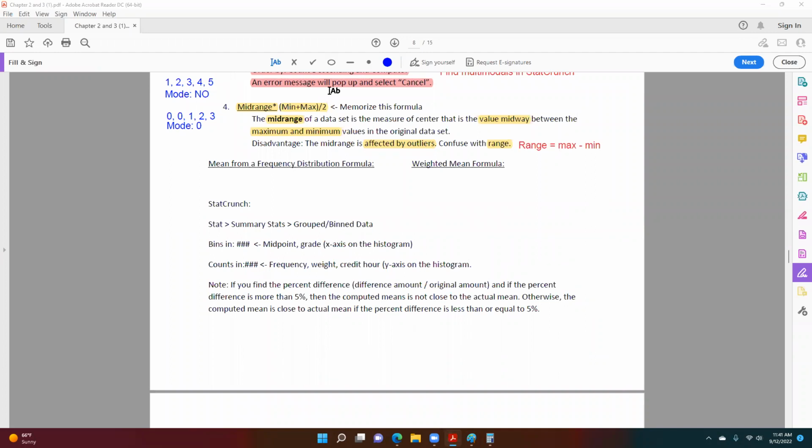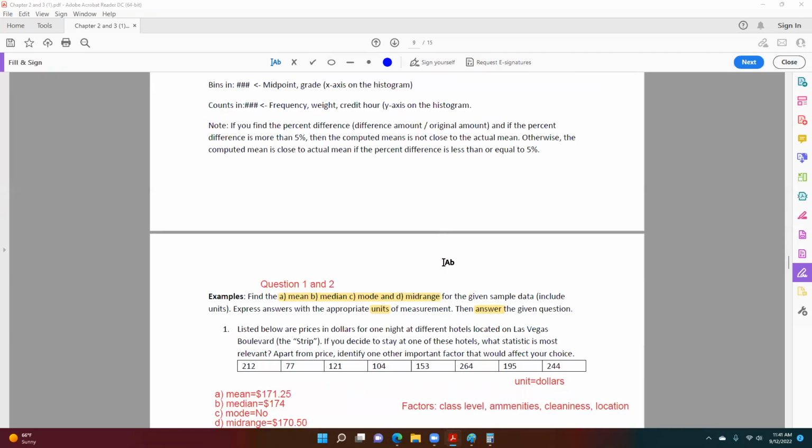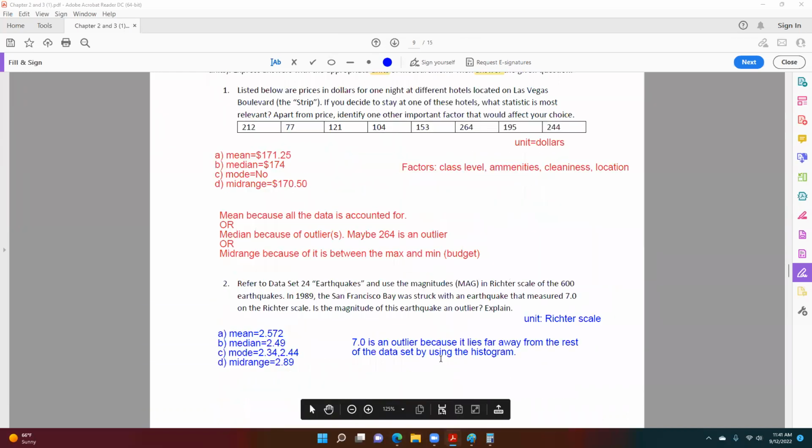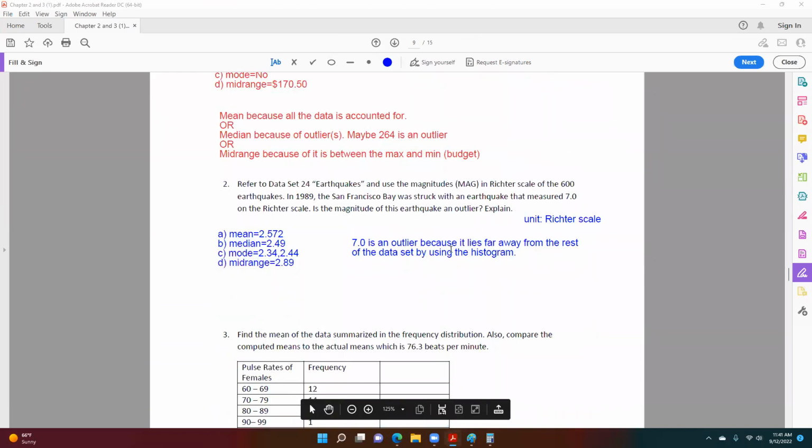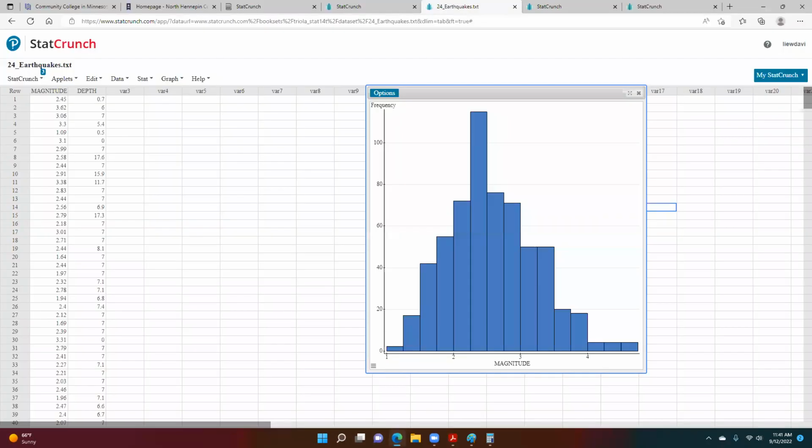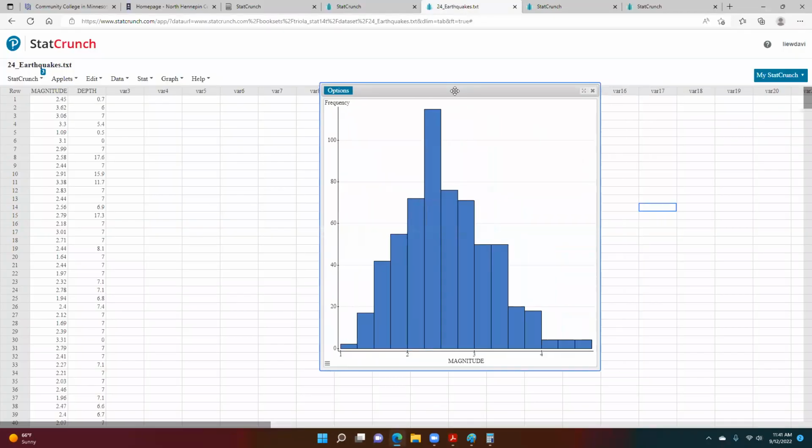So I have questions. We use the histogram. In order for us to figure out the outliers in this case, we use the histogram. So you call StatCrunch to draw a histogram, and you just look at your magnitudes here. You can figure out that the highest we can get here is 4 point something, 4.75.